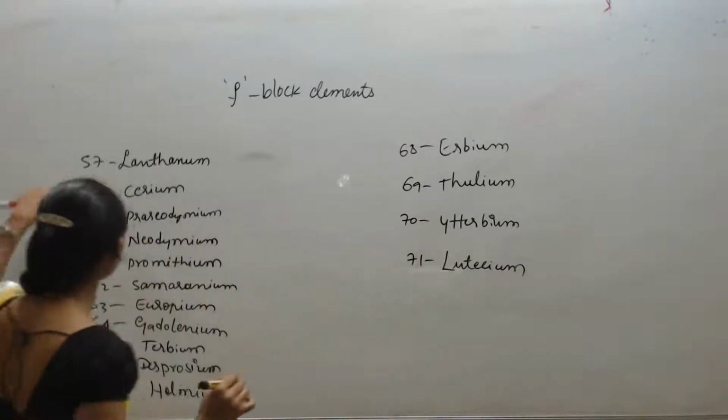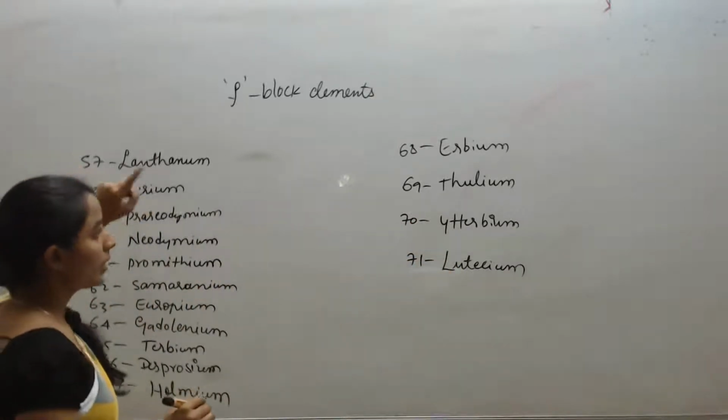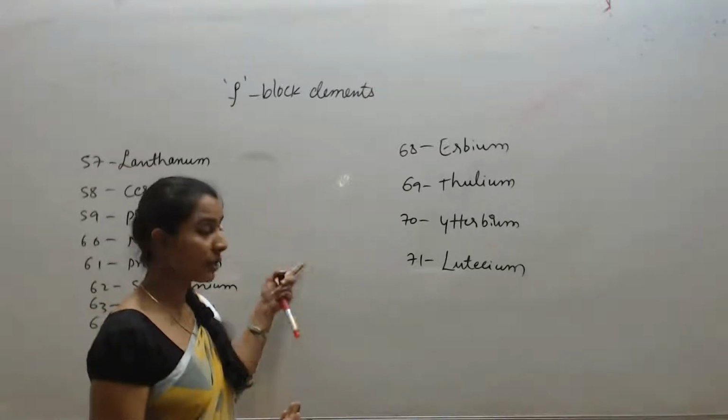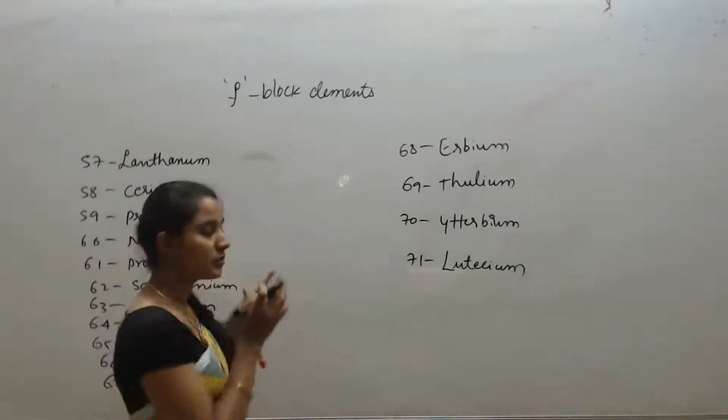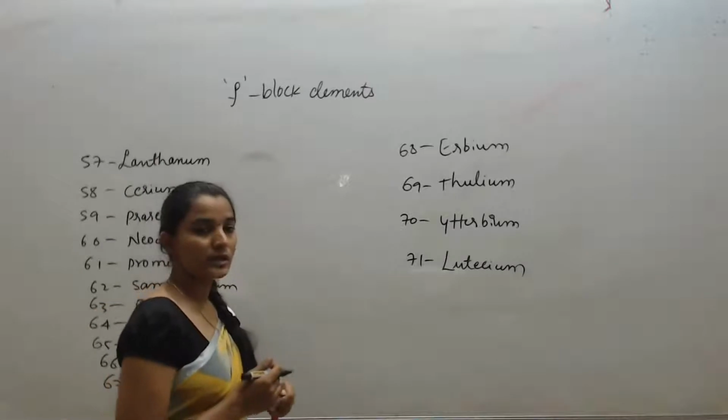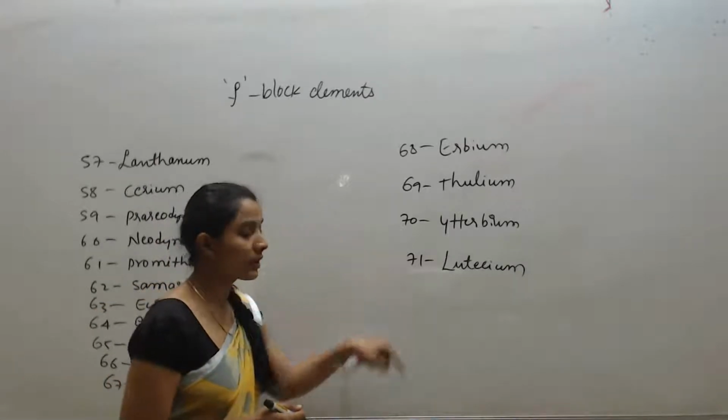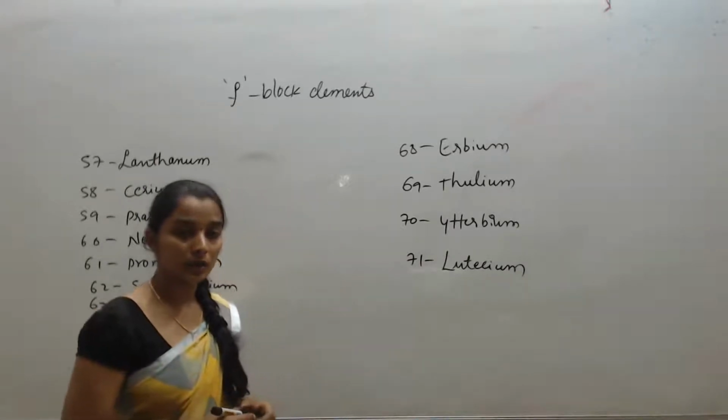As I told you, this is 57 lanthanum. The D block element after lanthanum, the next number is 72, because in between 57 and 72, 14 elements are there, they kept in the separate period.